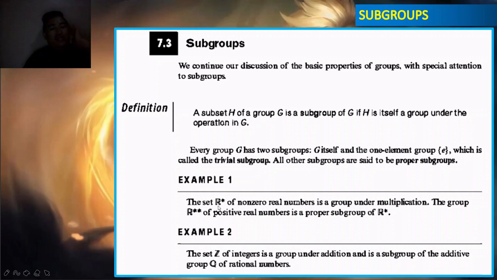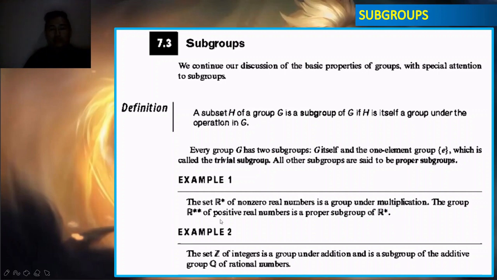Who else is a subset here? Q star, which is also a group under multiplication. So Q star is a proper subgroup of R star.